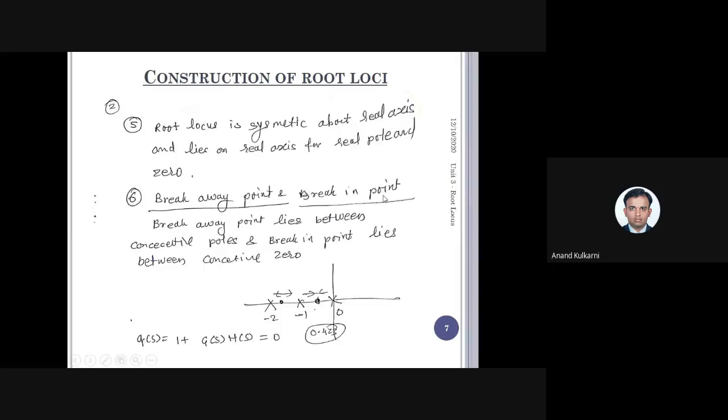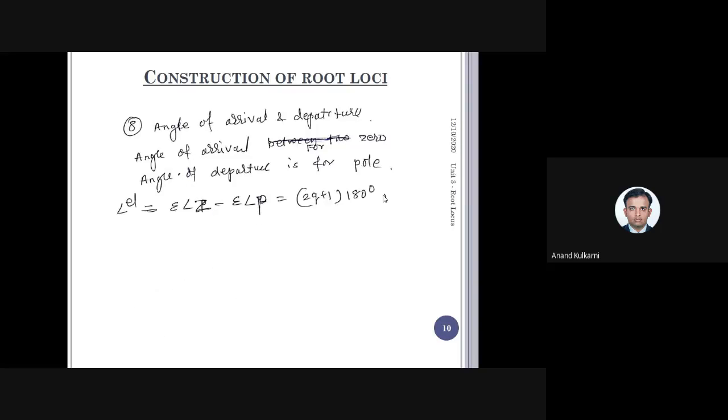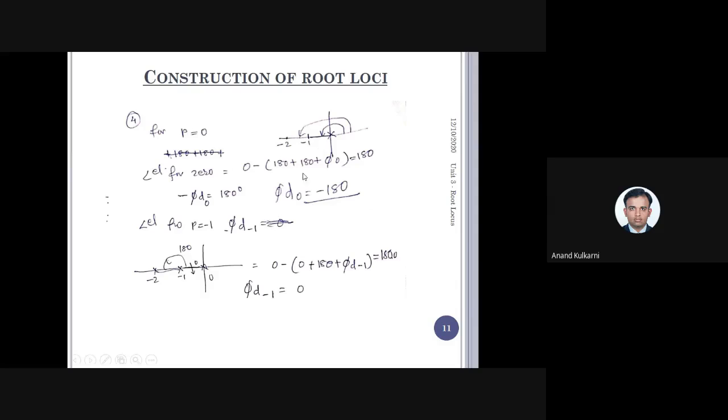Then second pole. Second pole is at -1. So for pole at -1, let us call it angle of departure as phi d -1. So here this pole is in between the two poles. So this pole you connect with this pole, this angle is 0 only. Whereas this pole, if you connect with this pole, this angle is 180 degrees.